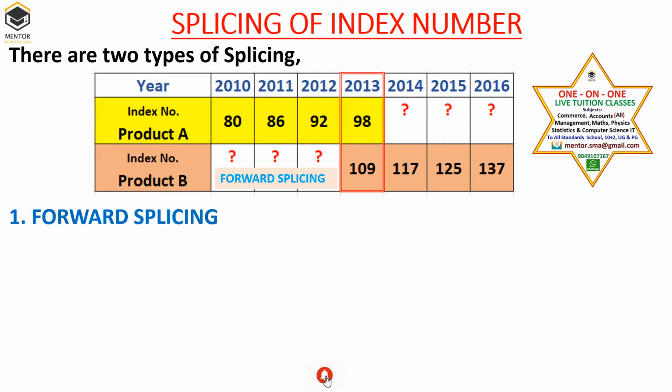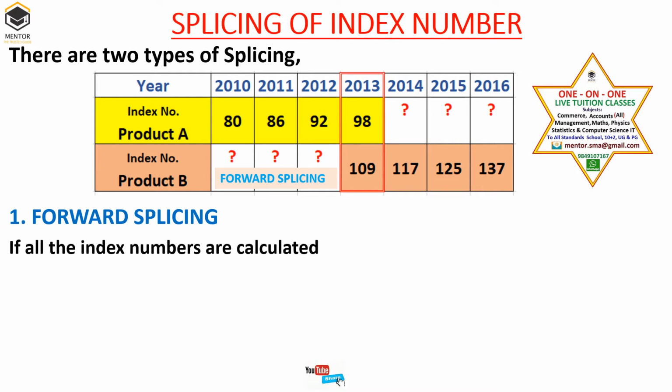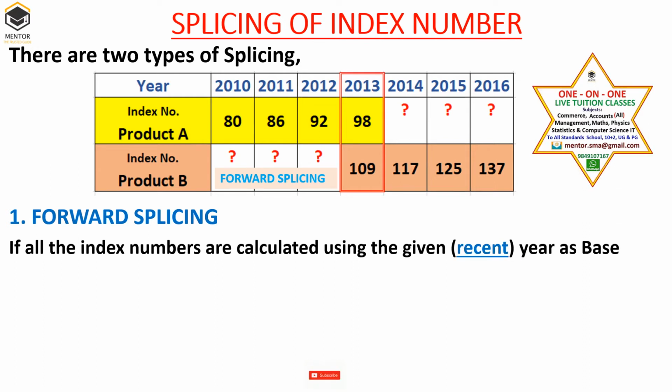Forward splicing means all the index numbers are calculated using the given, that is recent year, as a base year. In this, 2010 and 2013, the recent year is 2013. So with respect to 2013, if I am constructing the index, then it will be called forward splicing.